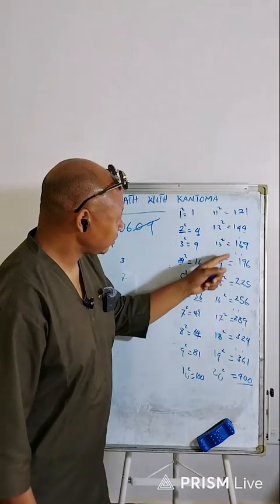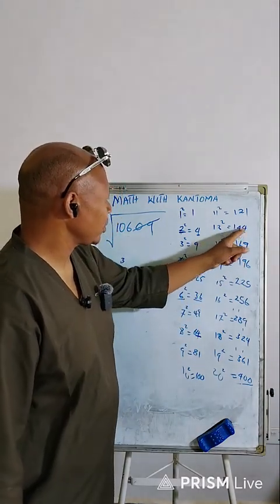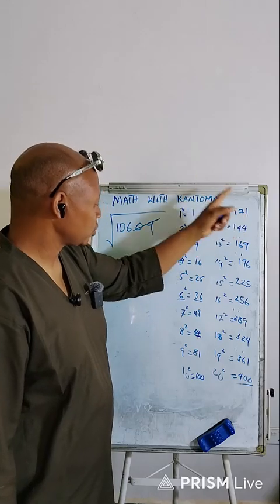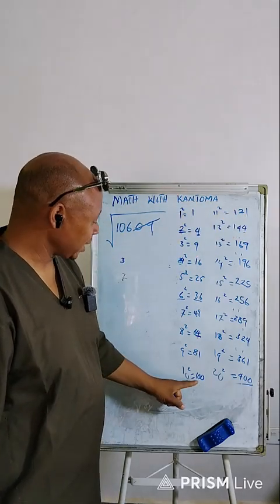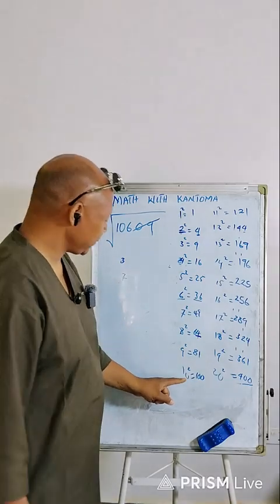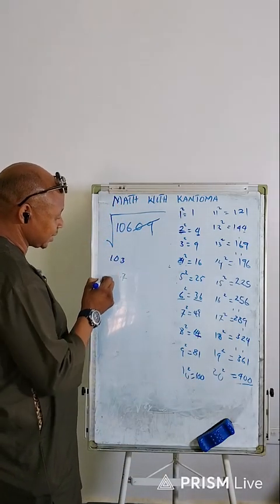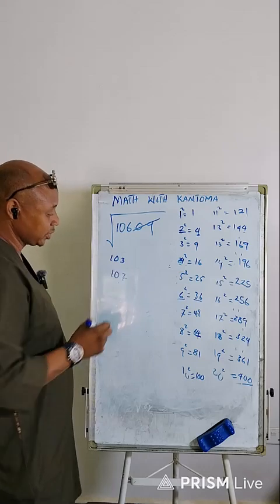Now look at this value. 169 is greater than 106. 144 is also greater. 121 is also greater. But 100 is less than 106, right? So we'll take the value 10. It means the answer is either 103 or 107.